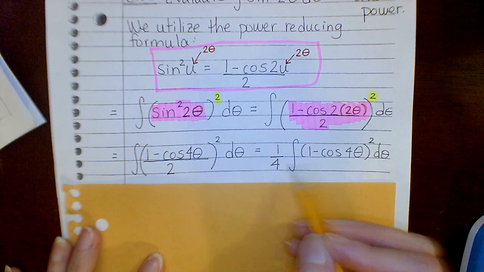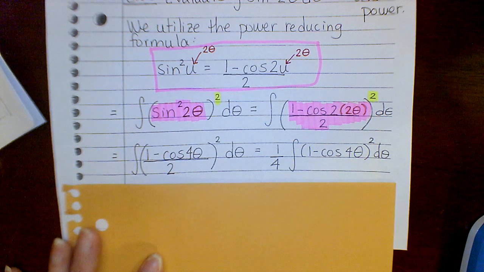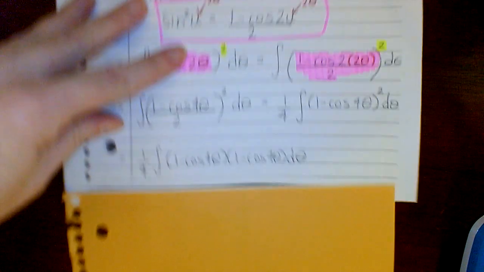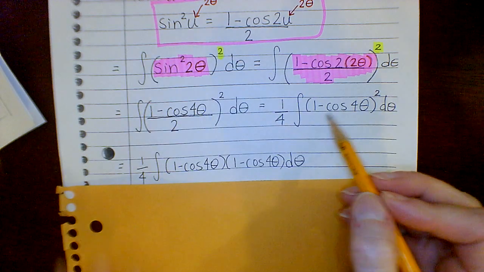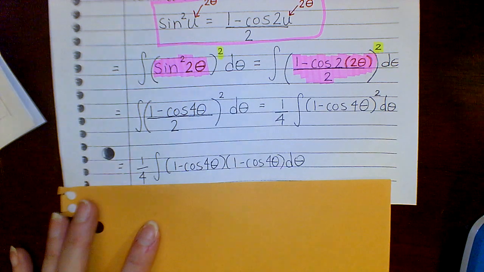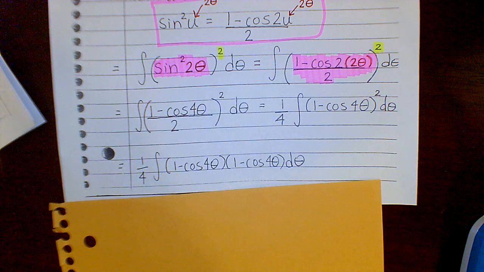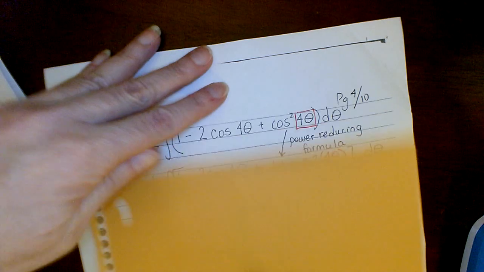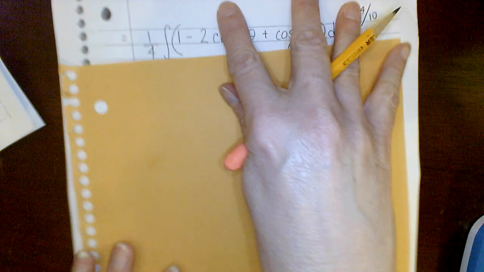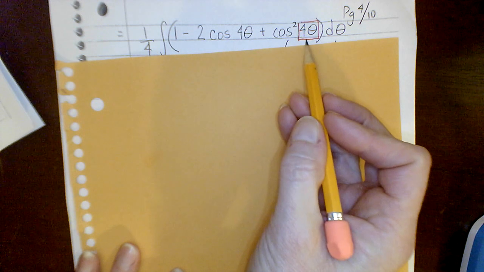So I just have this integral of 1 minus cosine 4 theta quantity squared. Okay, of course, something squared is that thing times itself, and then I'm just going to multiply all of that out. So when I start distributing that out, I'm going to get this stuff.